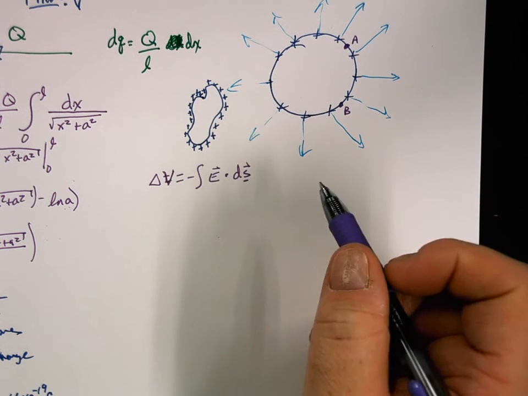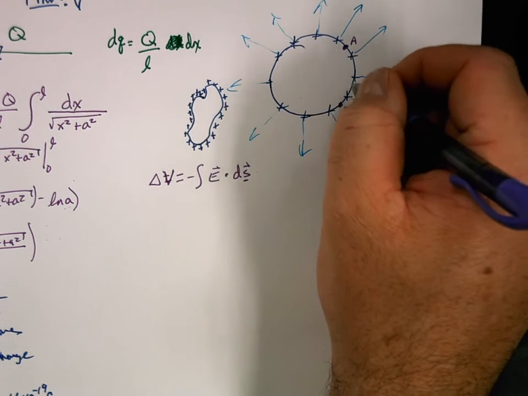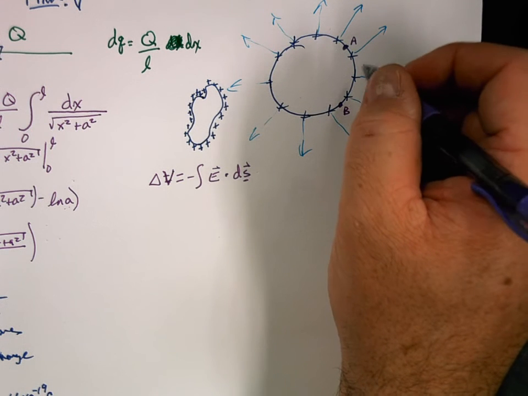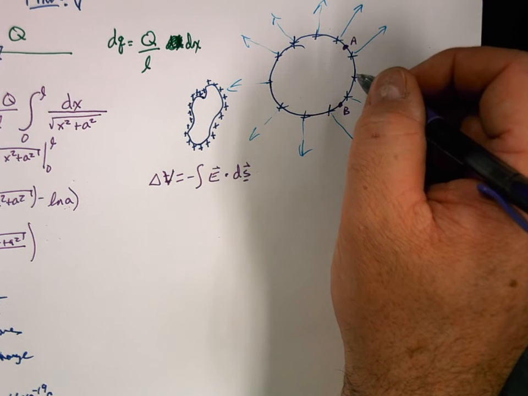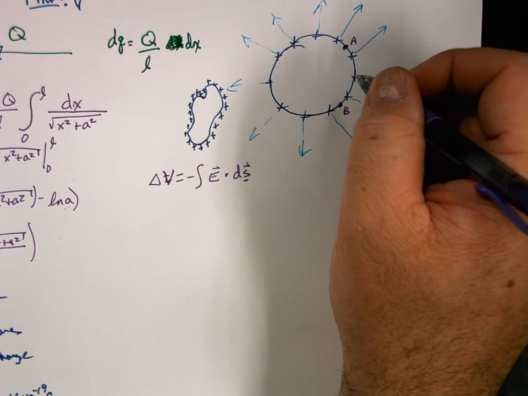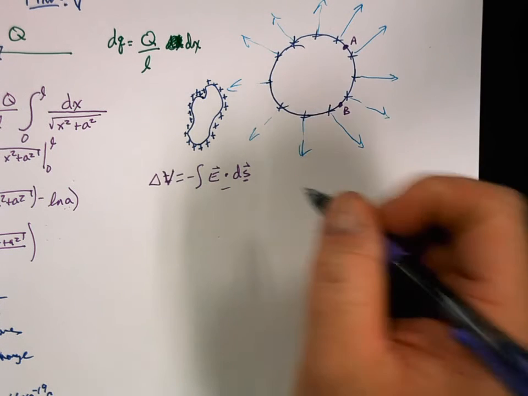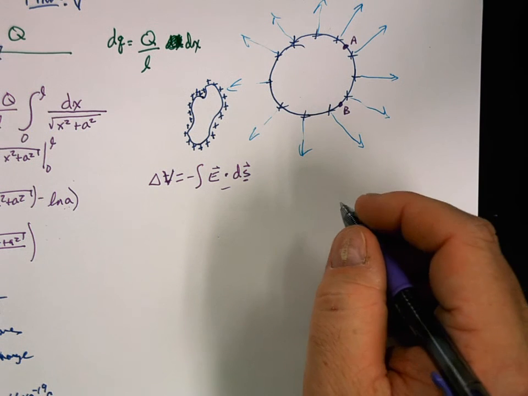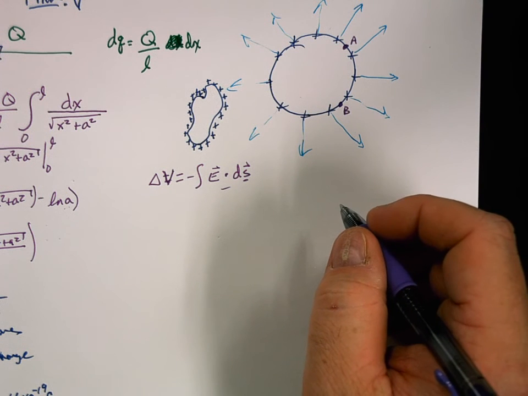If we move along the surface, we are moving on a differential level, perpendicular to the field line that's shooting out. Therefore, any dot product with two things that are perpendicular is zero.